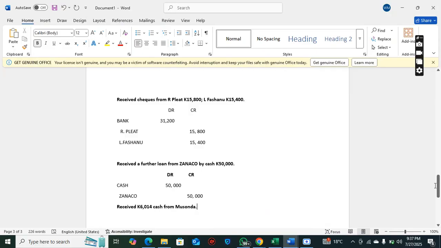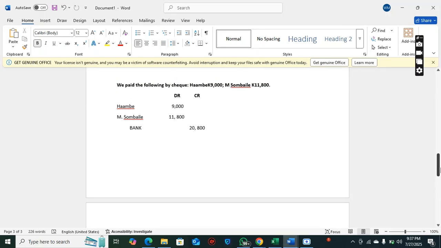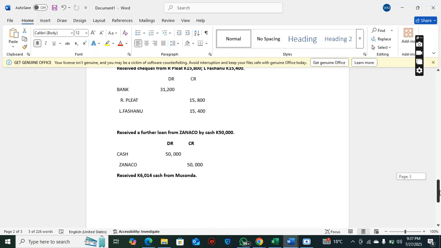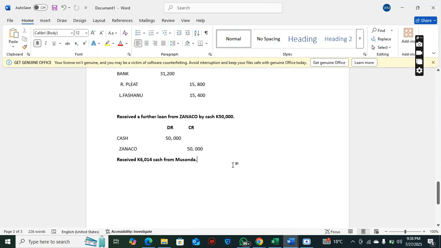So the final transaction, received 6,014 cash from Musonda. Now remember, yes, we sold goods on credit to Musonda. So now he was owing us. So now here he's paying us. So colleagues, what will be the general entry? What are we debiting? What are we crediting?